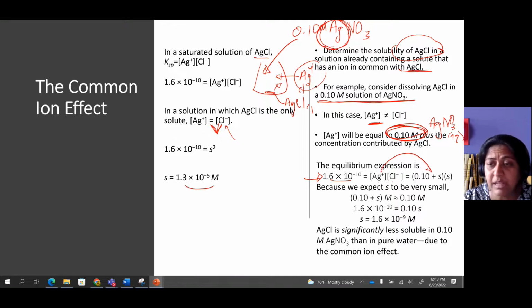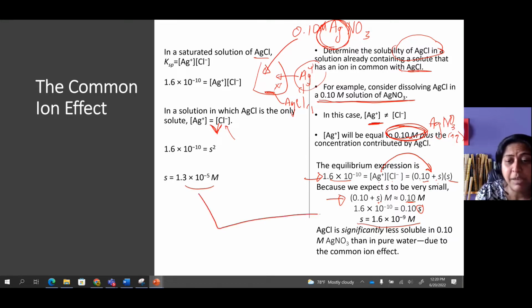The concentration of silver ions will be the concentration added from the silver nitrate, which is 0.10 plus S, where S is the amount contributed from the dissolution of the silver chloride, times the concentration of chloride, which equals S. We assume 0.10 plus S is approximately 0.10 because S is a negligible amount compared to 0.10. Solving for S, S is equal to 1.6 times 10 to the negative 9.